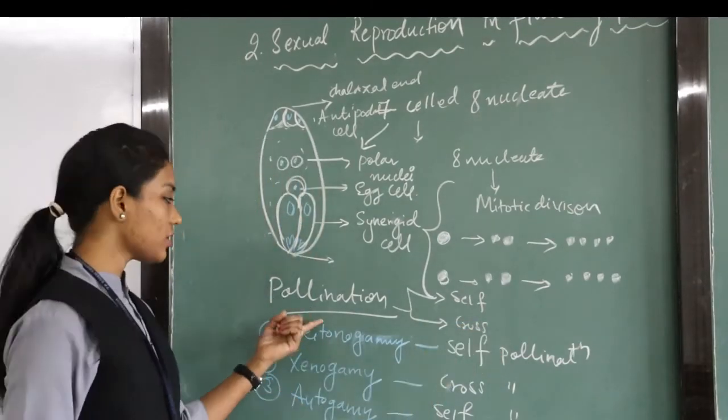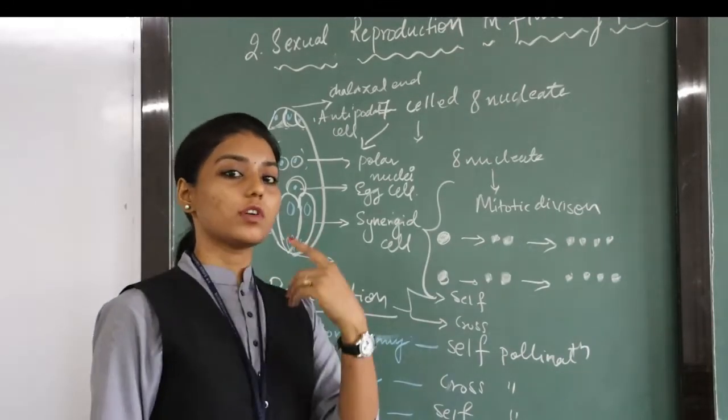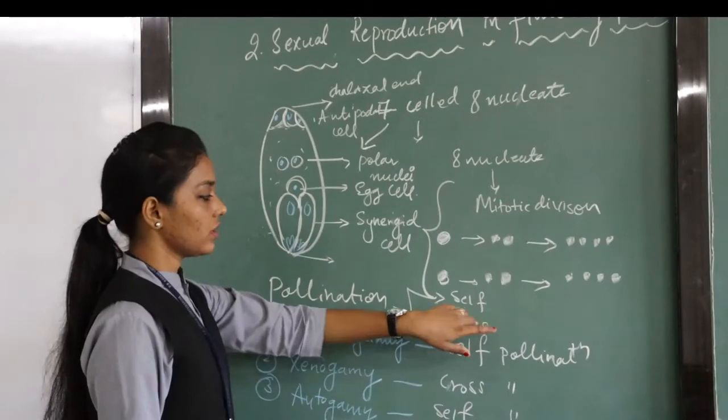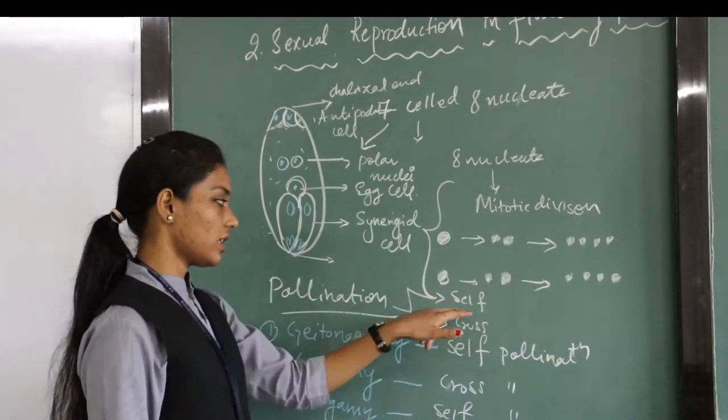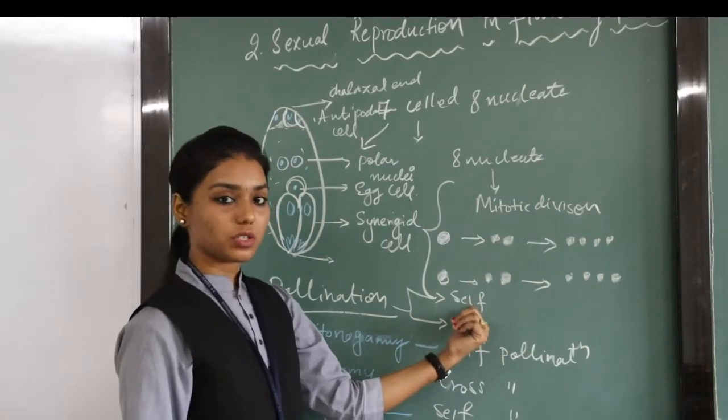Now regarding pollination, I have said that pollination is the transfer of pollen grain from anther to stigma of a flower. When this occurs in the same plant, it is called self-pollination.